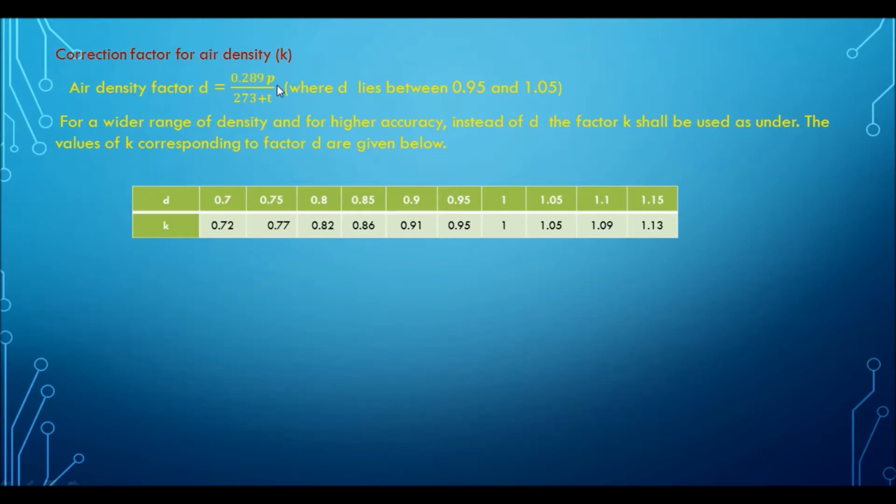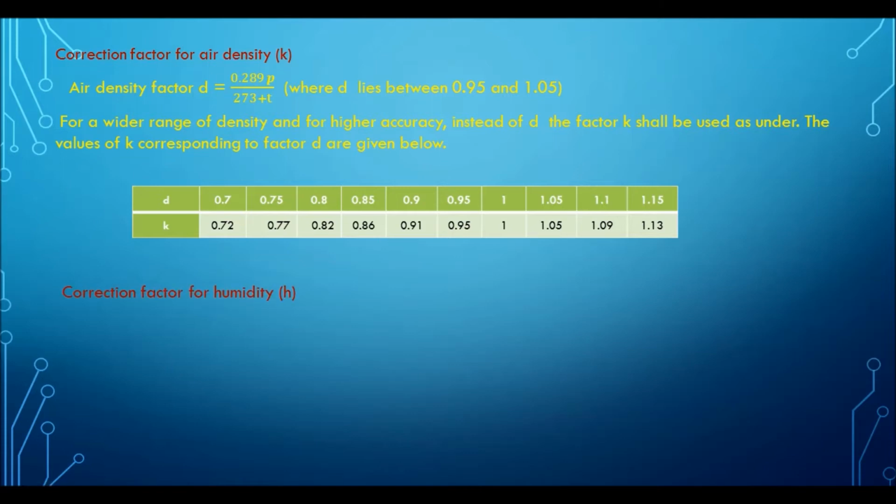You put the values of pressure and temperature, then you can find out the D value. Then the corresponding K value is given with the help of D. Let your D value be 0.85, then the corresponding K is 0.86.